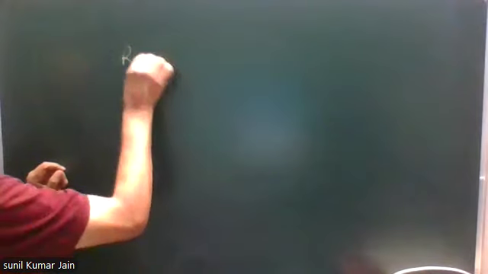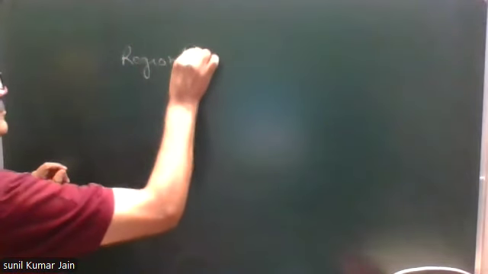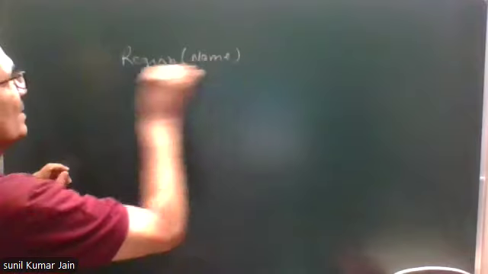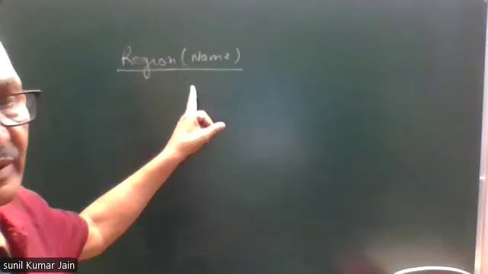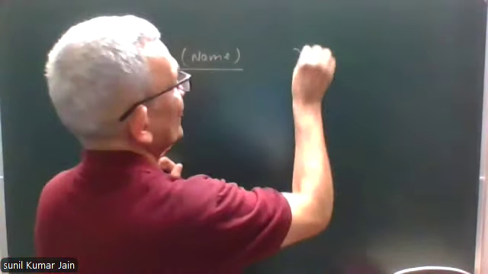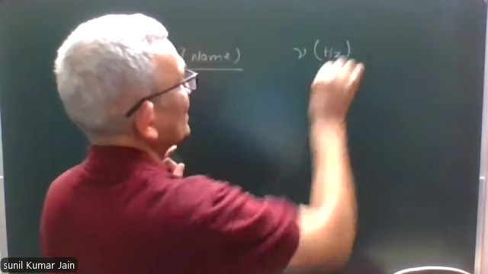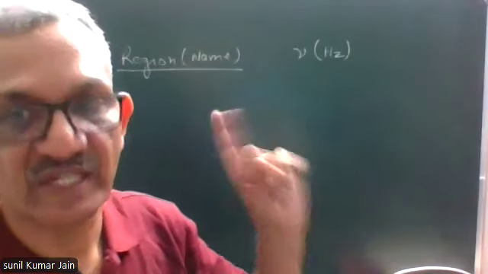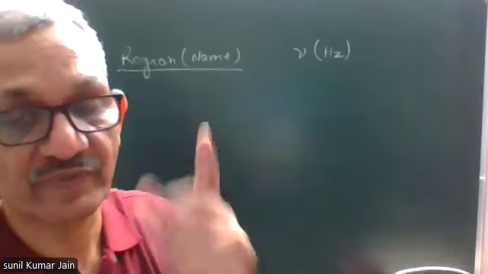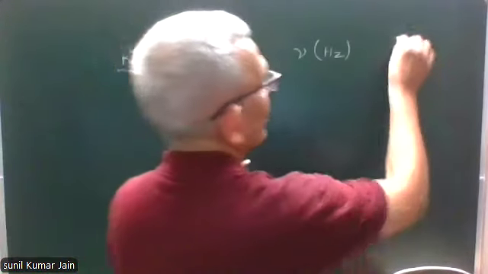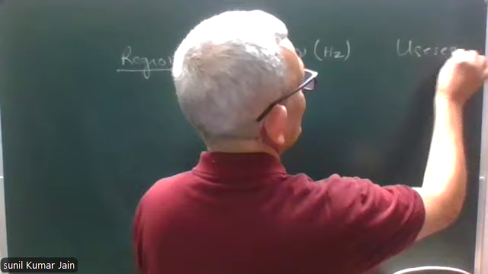That I'll tell you. You please write that in table form. Region. Name of the region, right? Frequency. Units of frequency will be hertz. I told you units of frequency last time. Uses.